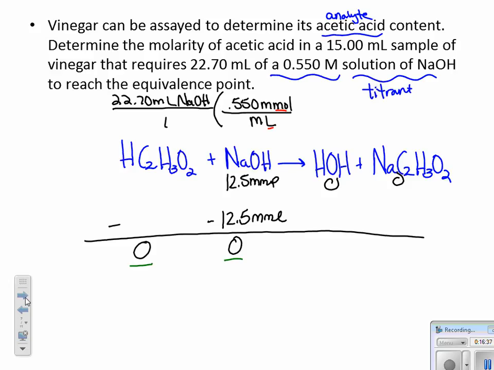Equivalence point. Those are going to completely react. So it's 12.5 millimoles times the mole fraction, 1 over 1. And we're going to kind of work this chart backwards, right? To solve for, okay, how much must have been there to begin with? So we know that that's also going to be 12.5 millimoles.